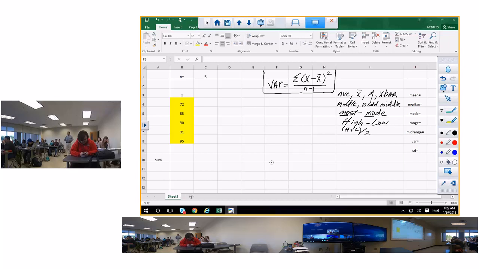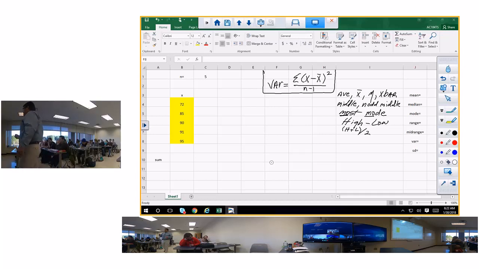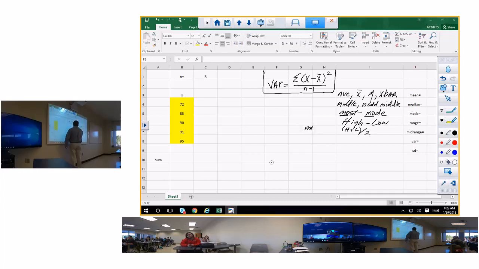The median is dependent on the middle two numbers, or the middle number. The mid-range takes into account the high and the what? The low. So think of this as the middle of your number line.